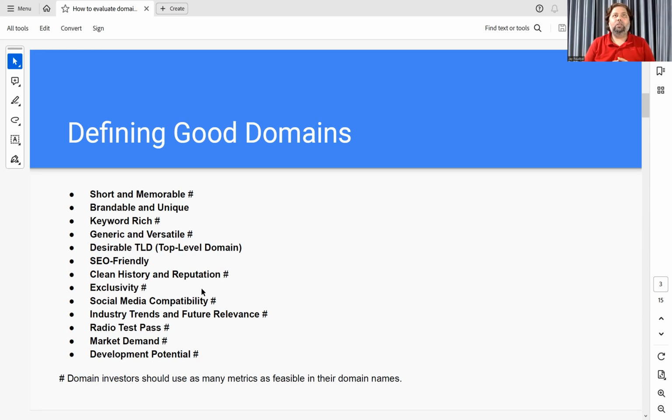Sometimes people use a domain for phishing. Maybe, who knows, right? So you have to check domain reputation, whether any criminal activity or unsolicited activity happened in that domain or not.